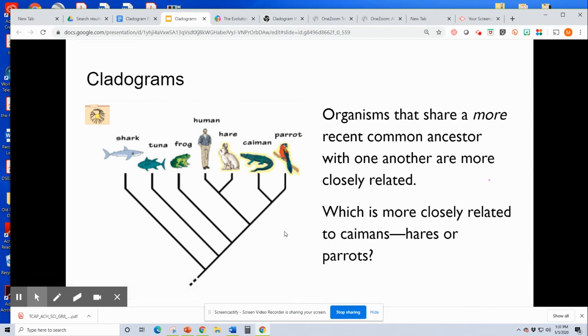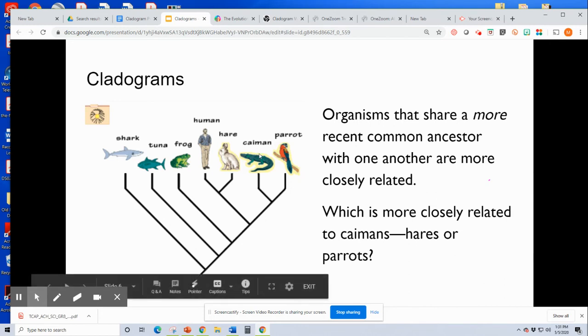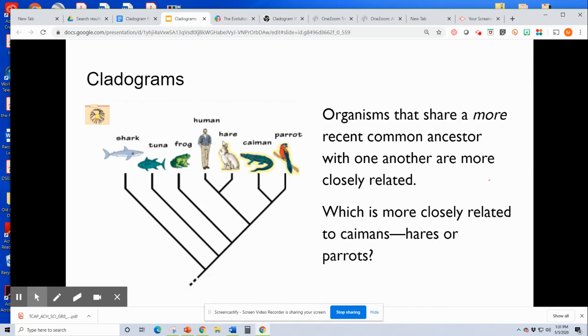Organisms that share a more recent common ancestor with one another are more closely related. So which is more closely related to the caiman? Here's the caiman. Is it the hare or the parrot? Remember, it's right in the middle of those two, so I'm going to go by which one has a more recent common ancestor.